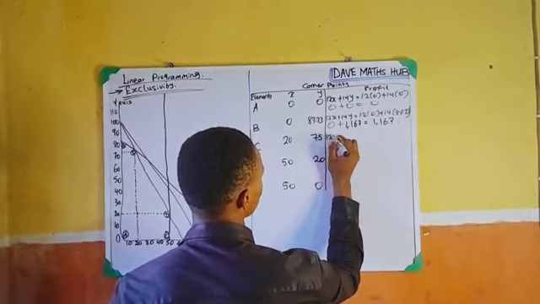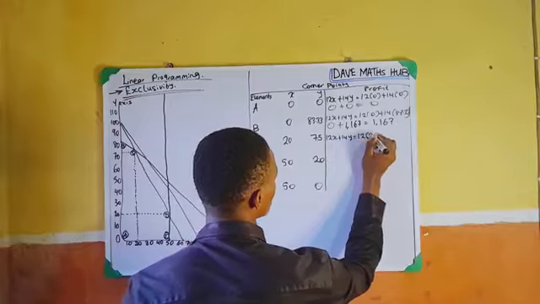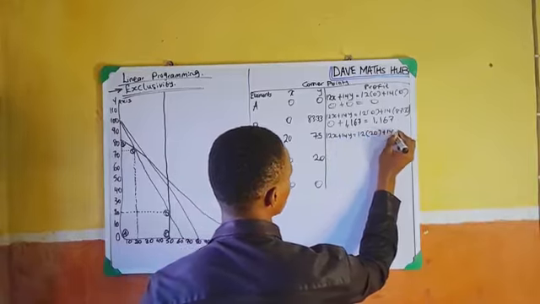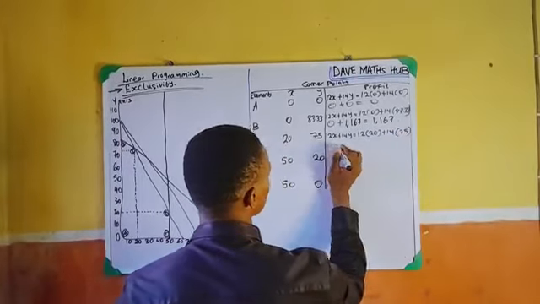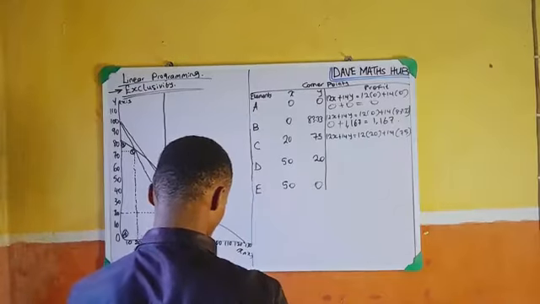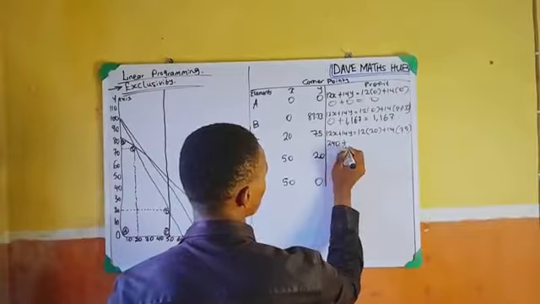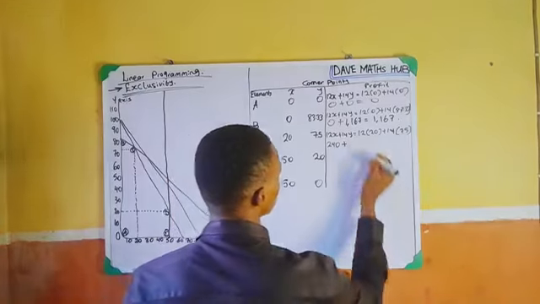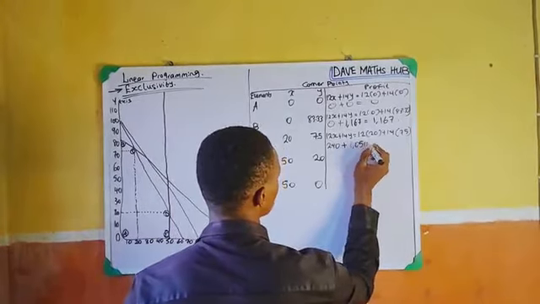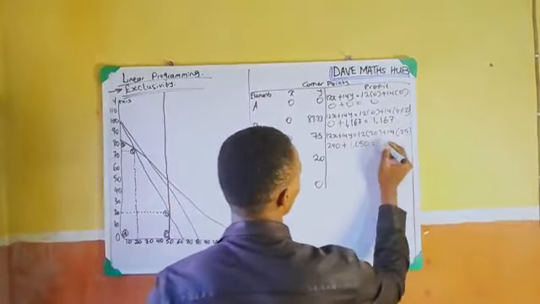Alright, then 12x plus 14y equals 12(20) plus 14(75). So this is 12 times 20 giving us 240, plus 14 times 75 giving us 1050.